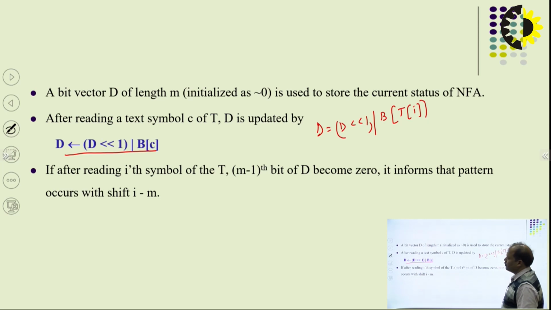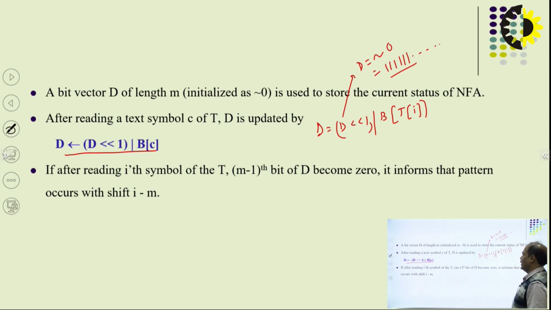D is a state vector which stores the state of the finite automata, and D is initially assigned as the complement of 0, which is all 1. So left shift by 1 and bitwise OR with B of text I.